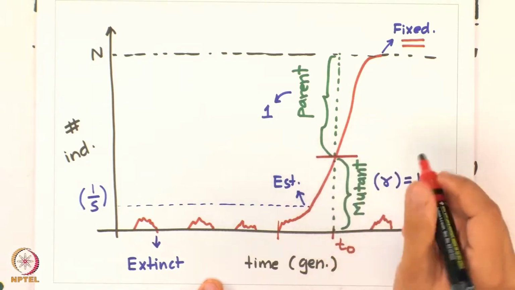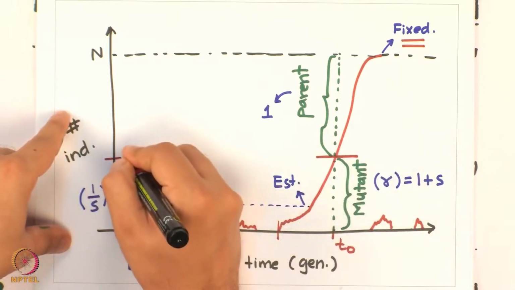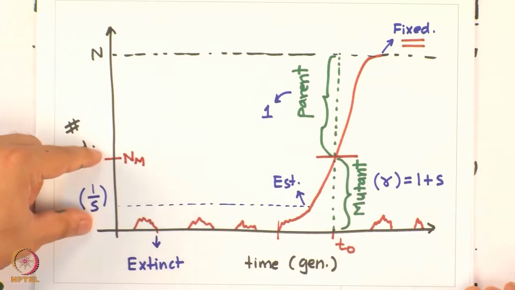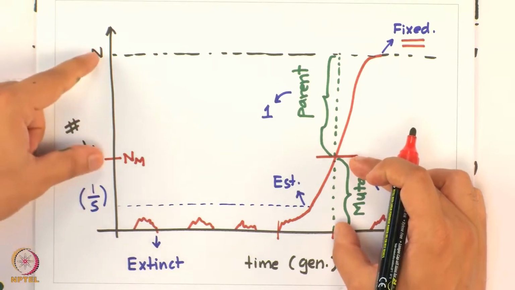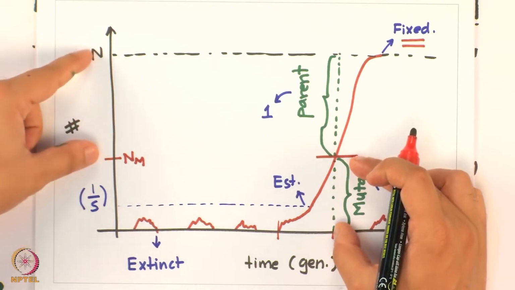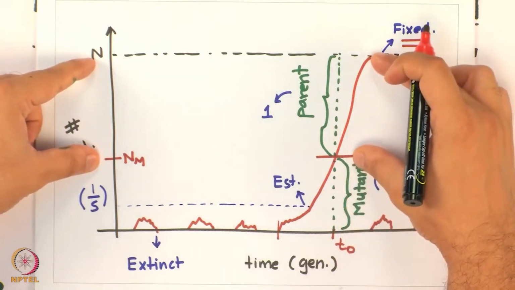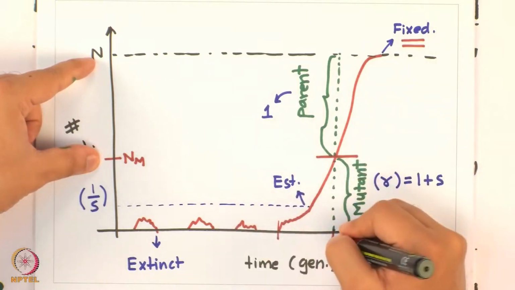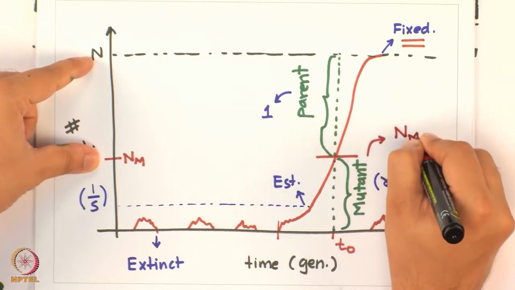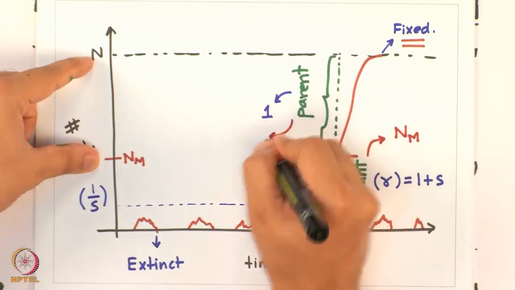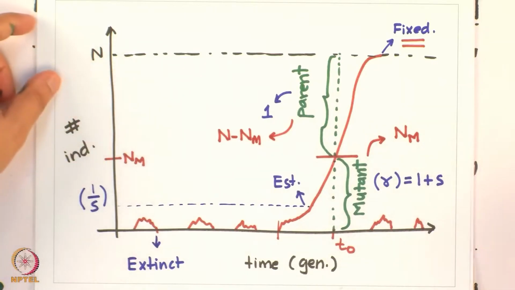Reading this off, from 0 to nm is the number of mutant individuals in the population at this time, and from nm to n is the number of individuals associated with the parent genotype. So at this instant t naught, I have nm individuals of mutant genotype and n minus nm individuals which belong to the parent genotype.